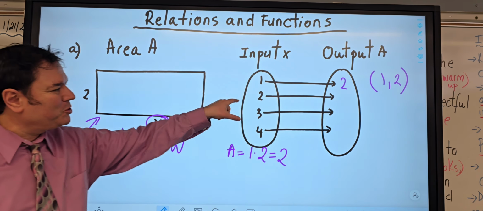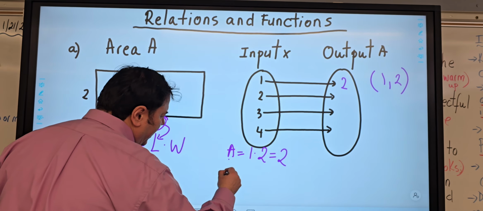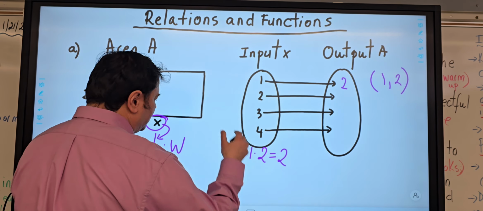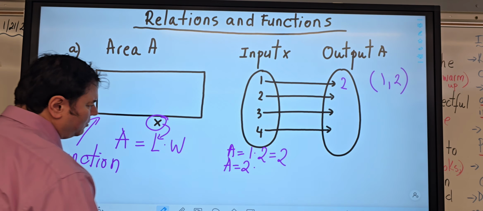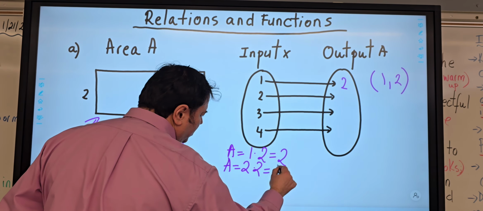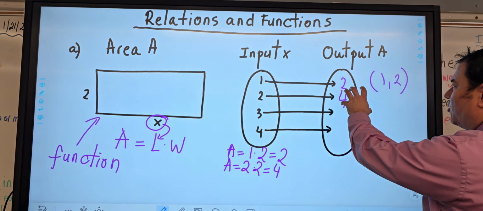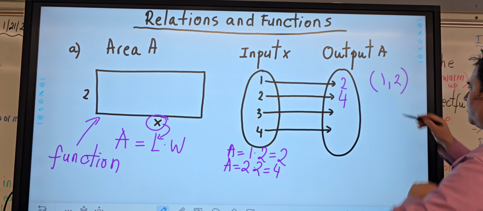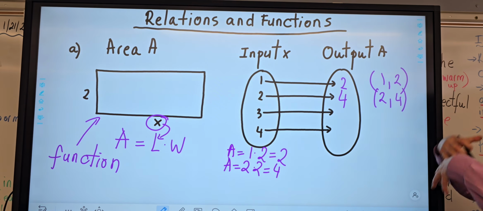Let's continue. Let's put 2 now. So instead of x, we are going to put 2. So we have area equals, instead of L, we are going to put 2. 2 times 2, which is 4. So our output is 4 when we input 2. 2, 4. Now let's continue the pattern.